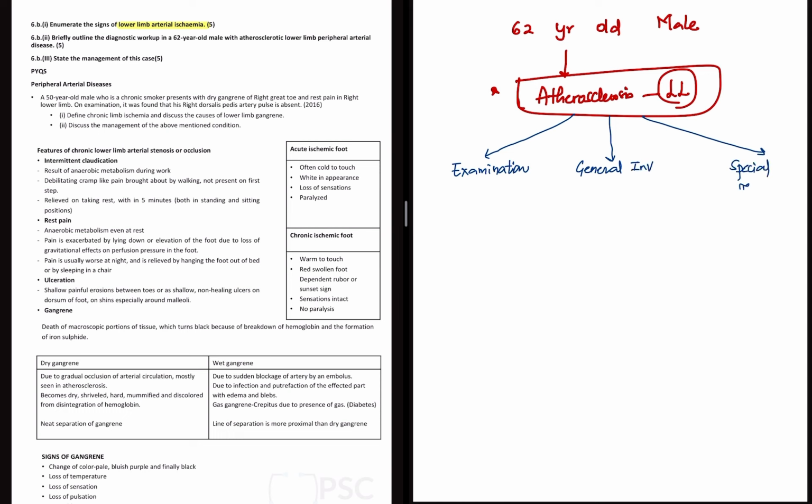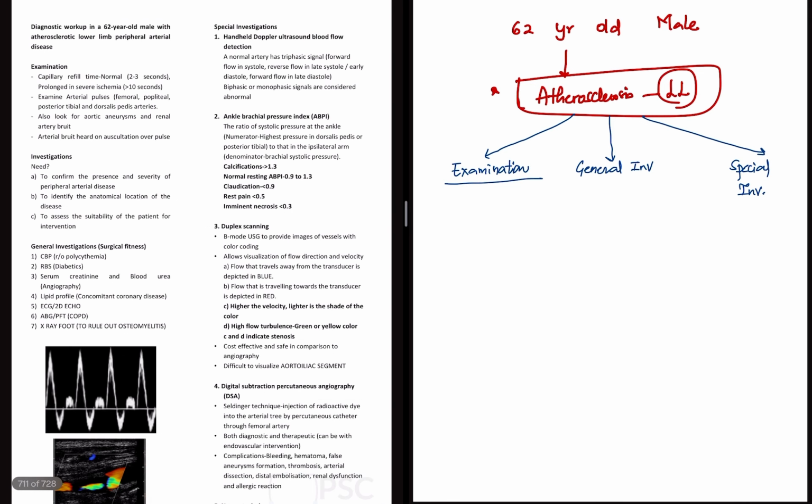They are asking you for a diagnostic workup, so it's very important that for these kinds of questions you follow an algorithmic approach. In the examination, most importantly, whenever we see a case of peripheral arterial disease, we check for capillary refill time. Not getting into the details, because in the regular video I did discuss all these things in detail.